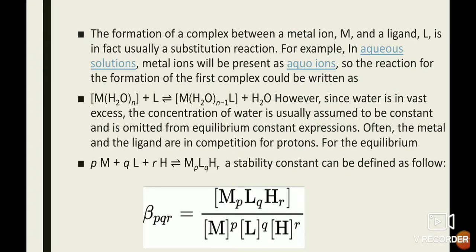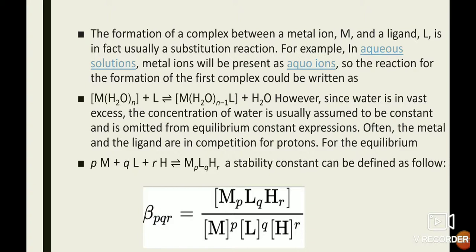Next, the formation of a complex between a metal ion M and a ligand L is in fact usually a substitution reaction. For example, in aqueous solution, metal ions will be present as aqua ions.